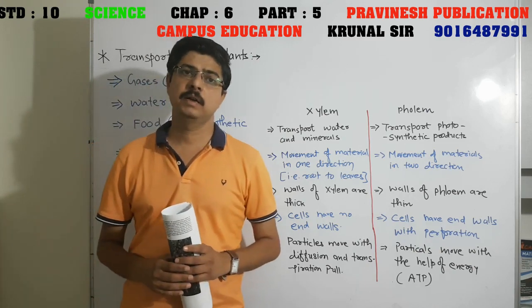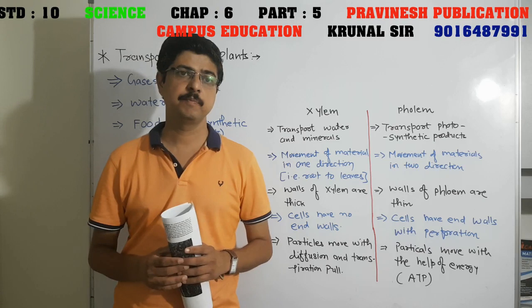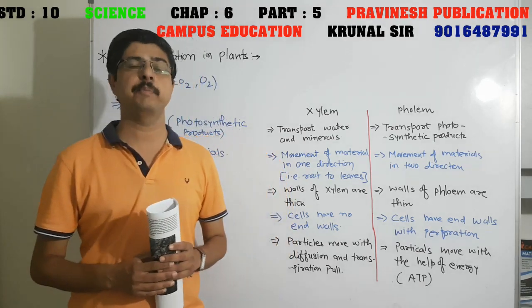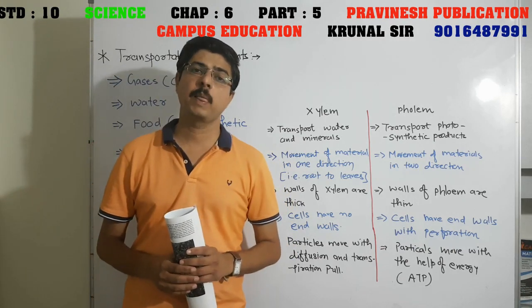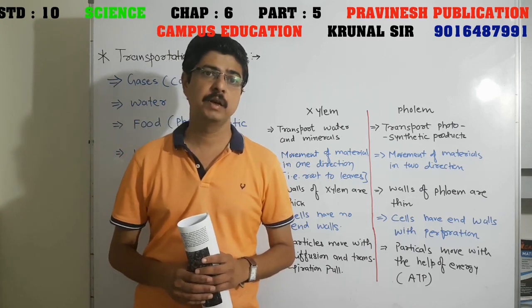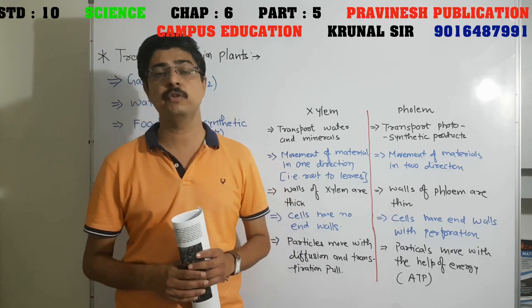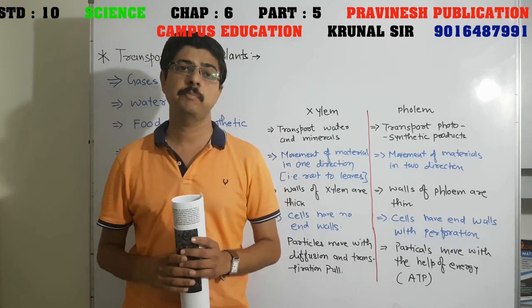If the plant size is very small, like herbs and shrubs, the water will move to the aerial part with the help of the diffusion process. But if the plants are huge, like the banyan tree or mango tree, then only the diffusion process is not enough to carry this water from the root to the aerial part of the plant.